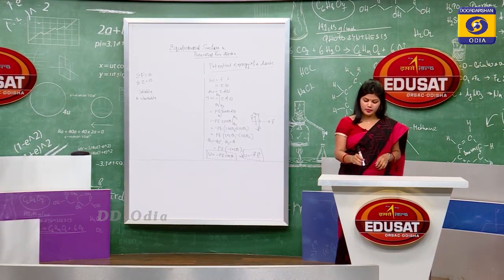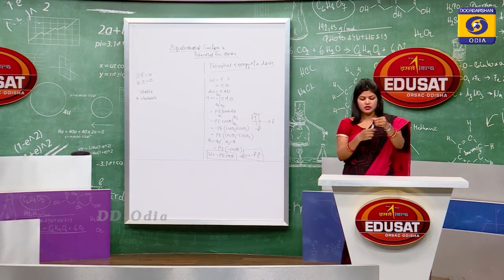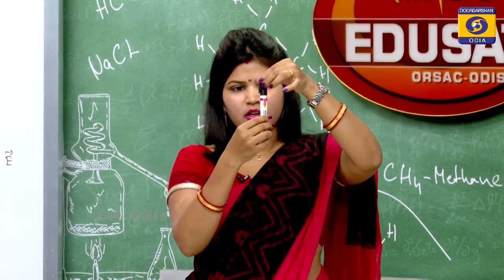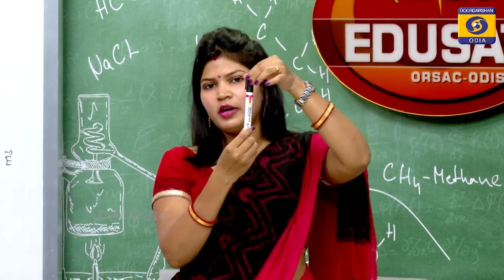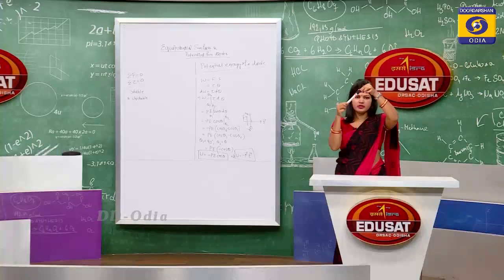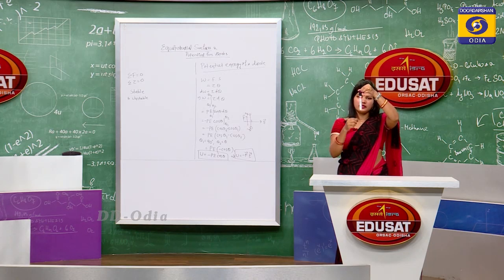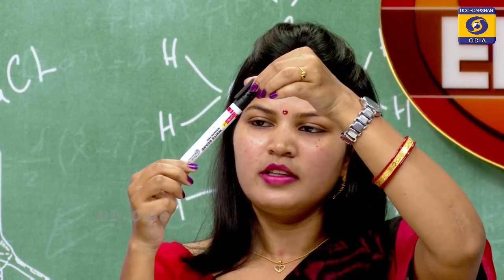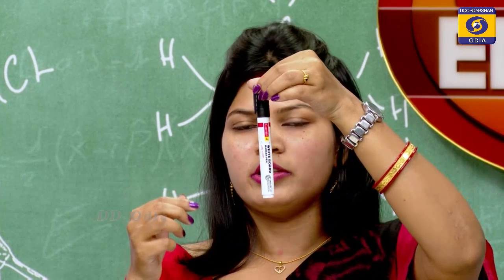For example, I am showing here, suppose this is a marker in a hanging state. If I disturb it a little, then the marker will return to its original position again. See, when I disturb it a little, it comes back to its original position.